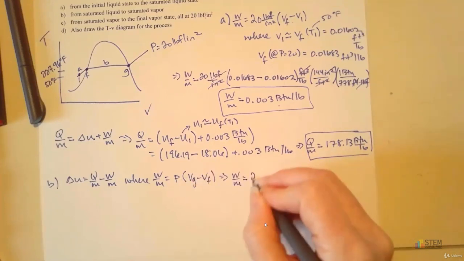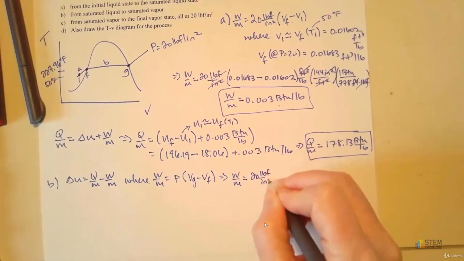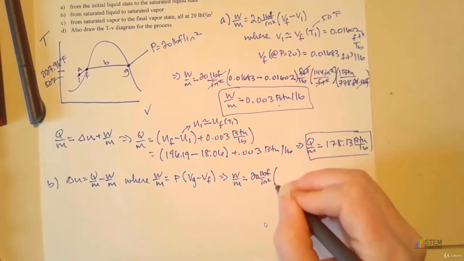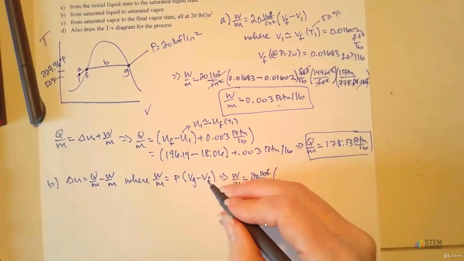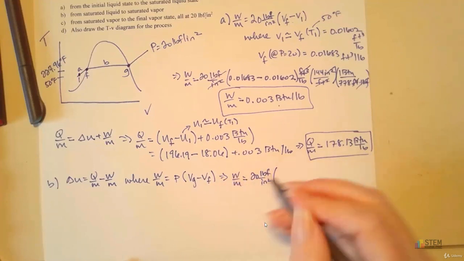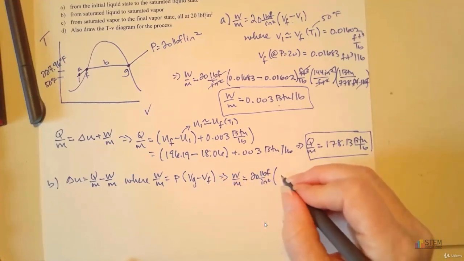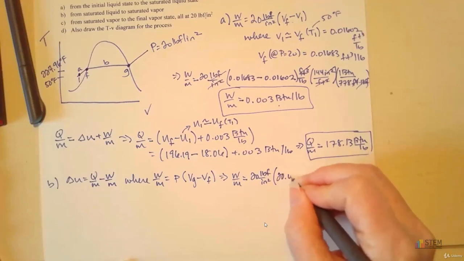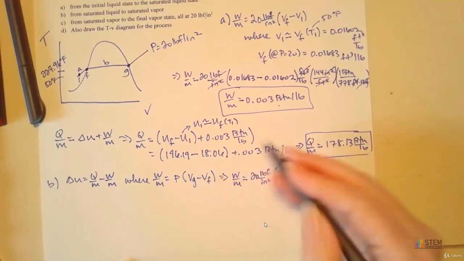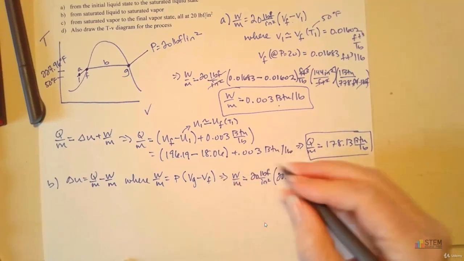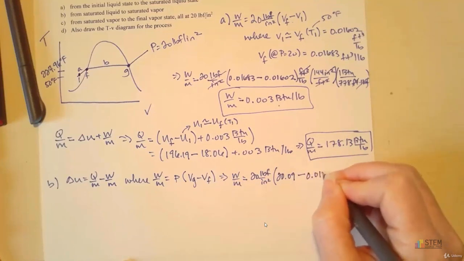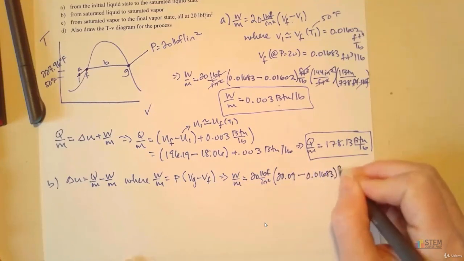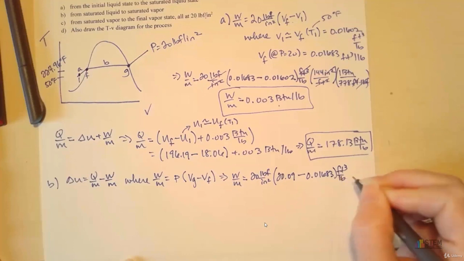So pressure is 20 PSI, and then the values you get here in the table, again, you would just look these up in your saturated water table, and you're going to get 20.09 for Vg, and then for Vf you get 0.01683, and those are cubic feet per pound.